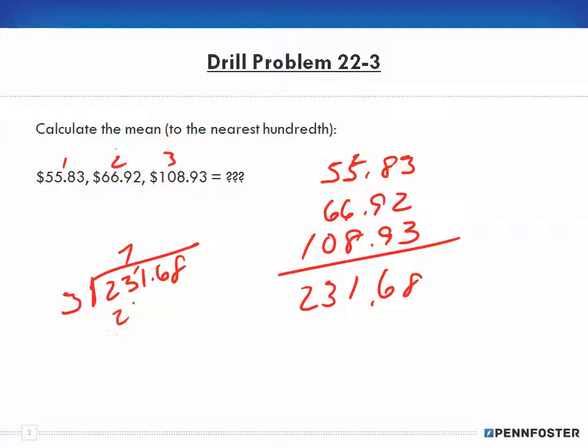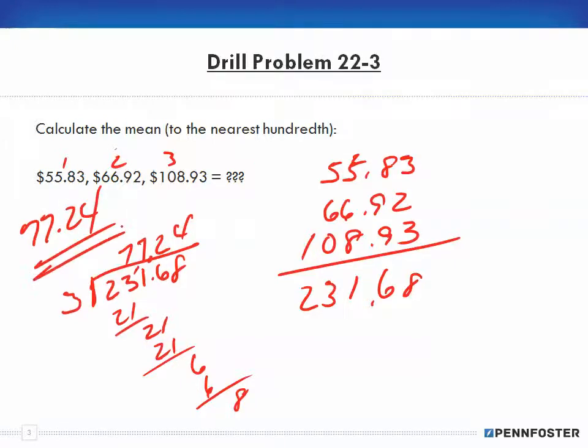That's 7, 21, 21, that's 7, it's 21, 6, that's 2, 6, that's 8, 4. So our answer is $77.24. That's our mean. 6 divided by 3.